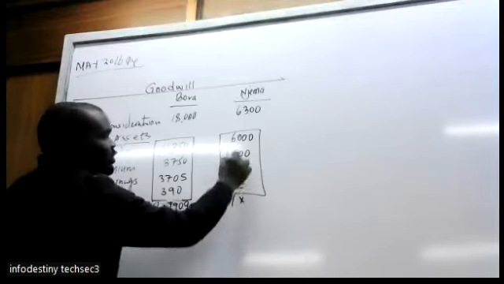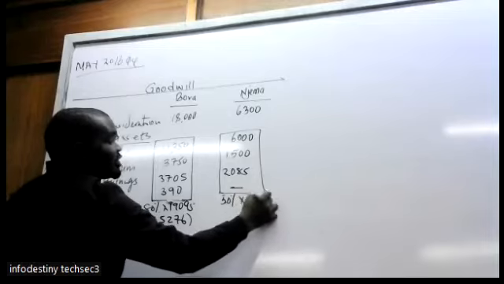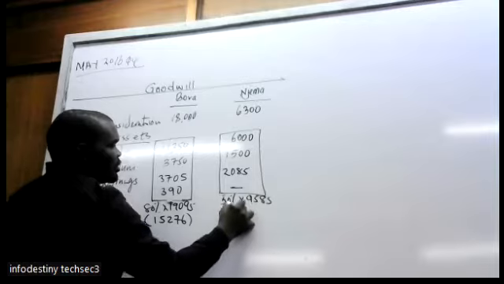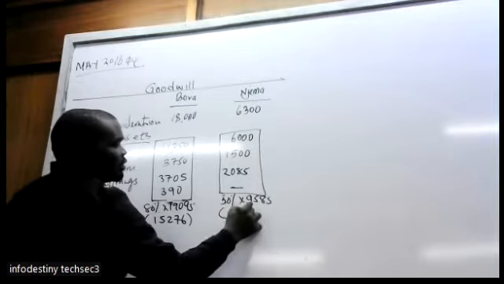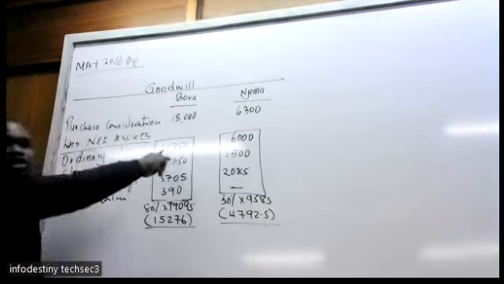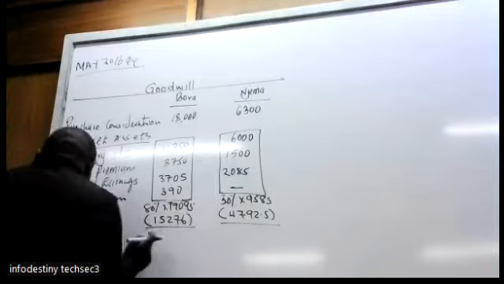And this one, the total first, 25? 25, 55. When you multiply, 47? 5. So goodwill, you take now the purchase consideration, this minus the bracket, this minus the bracket.